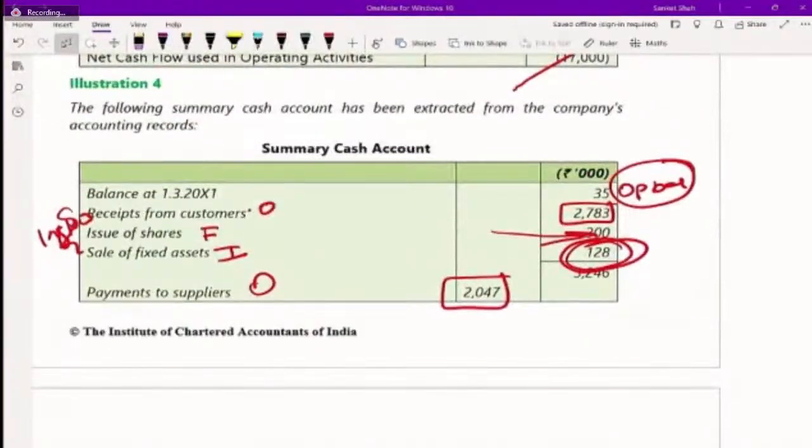Very easy. Very easy, beta. Yes, beta. बहुत ही easy था.